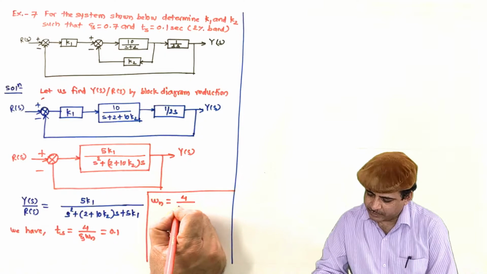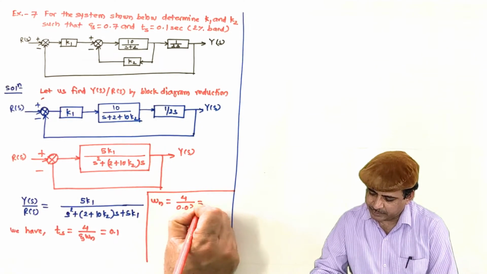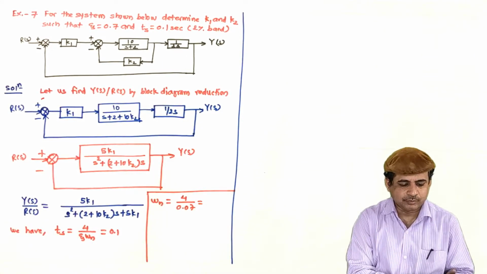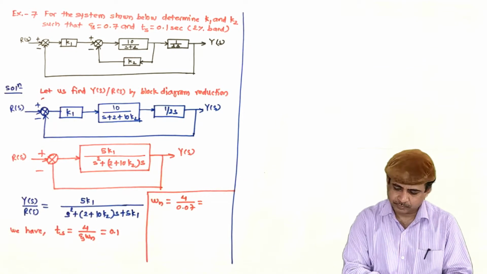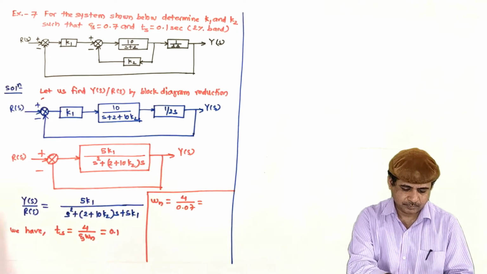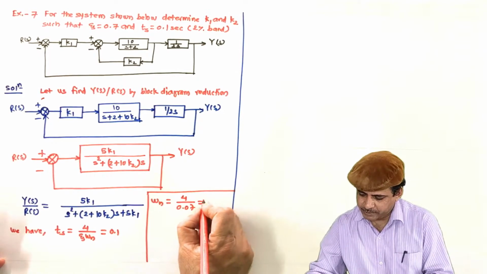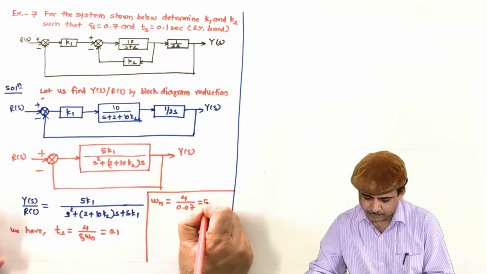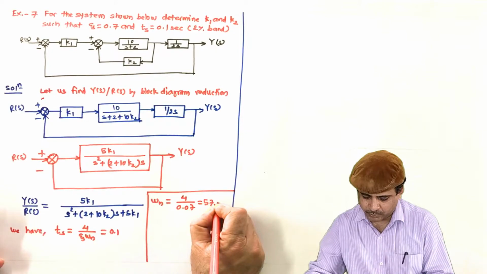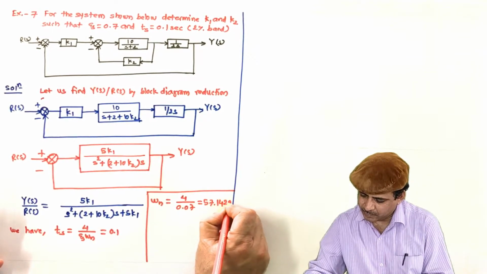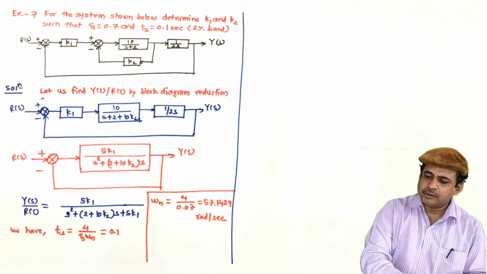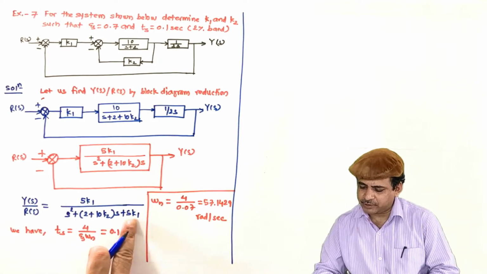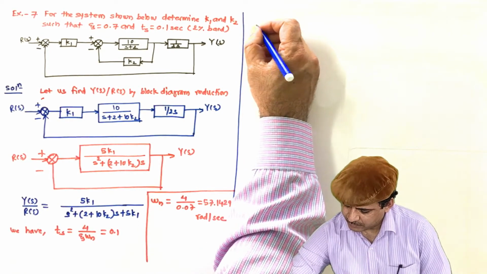So zeta is 0.7, so 0.07, and that gives me omega n equal to 57.1429 radian per second.